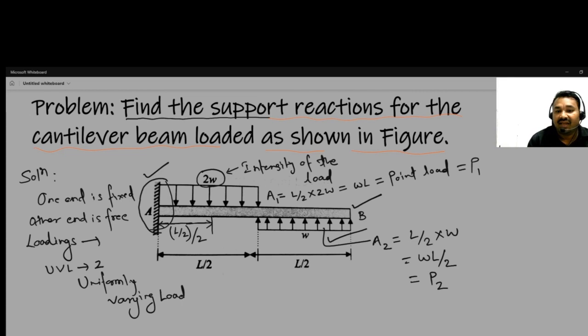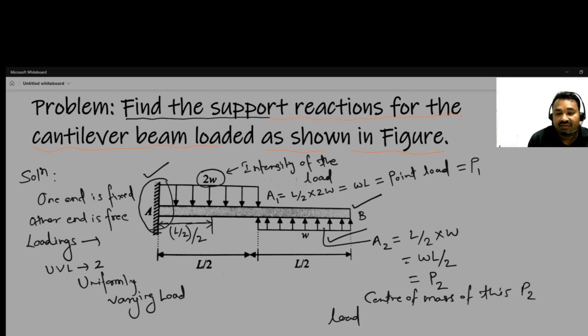And same here, if we take the center of mass of this P2 load.